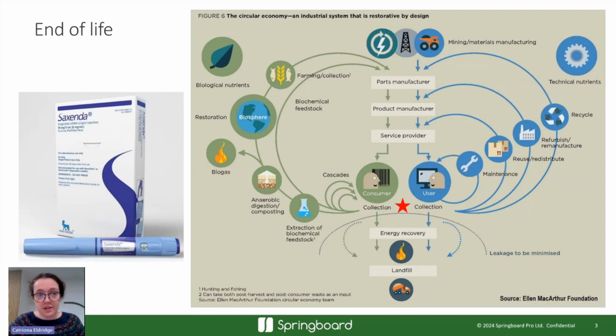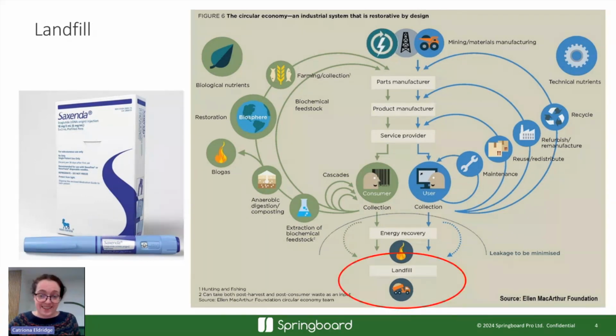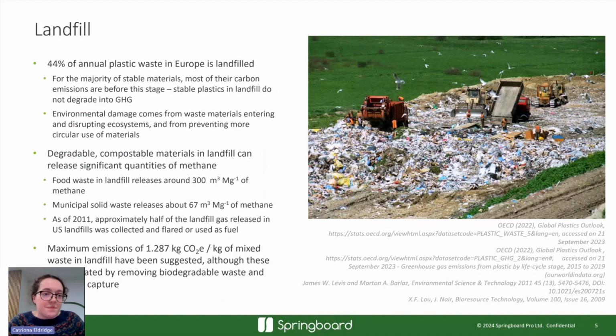So we're going to start with the first one, which is the big bad. It's landfill. Nobody likes landfill. It has a terrible rep. That is mostly deserved. I hope I can bring some nuance to that conversation, but nobody likes landfill. About 44% of our annual plastic waste in Europe is landfilled.